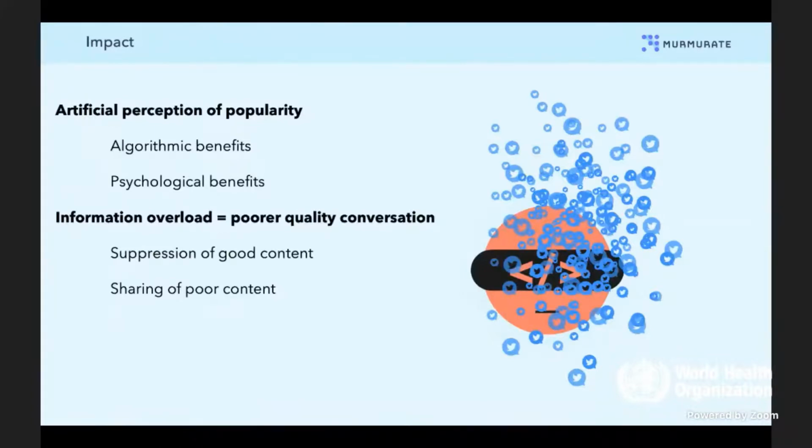So the takeaway for the impact of the bots is that the artificial popularity actually drives real engagement. And secondly, that information overload decreases the quality of the overall conversation that we see.